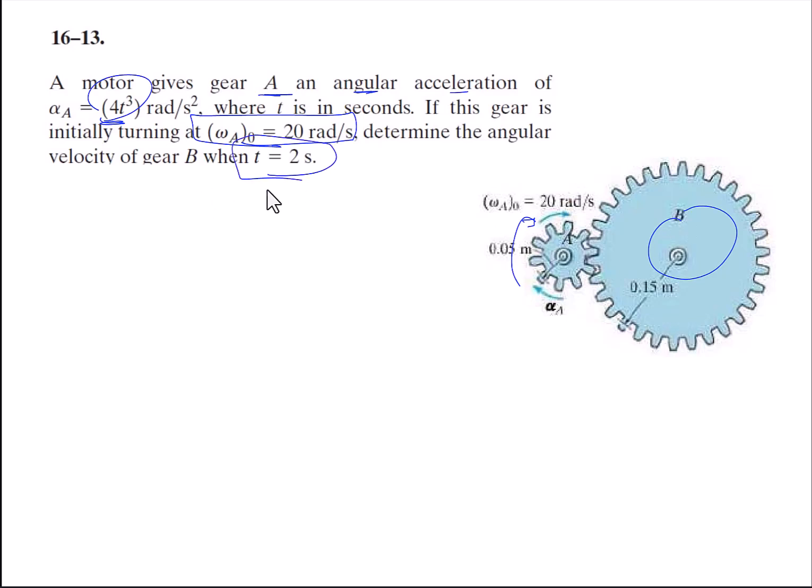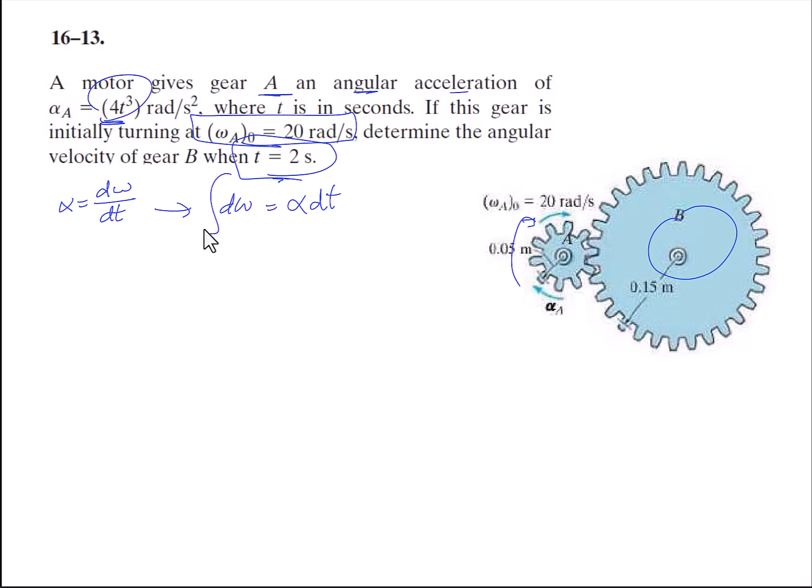So we'll integrate a different kinematic equation, which is basically the definition of this angular acceleration, d omega over dt. So d omega is equal to alpha dt.